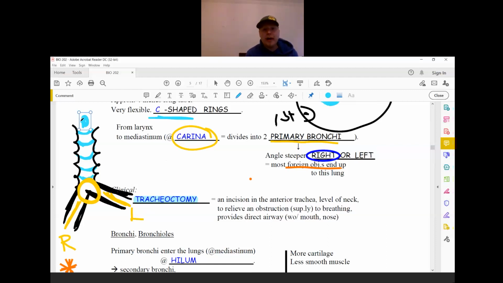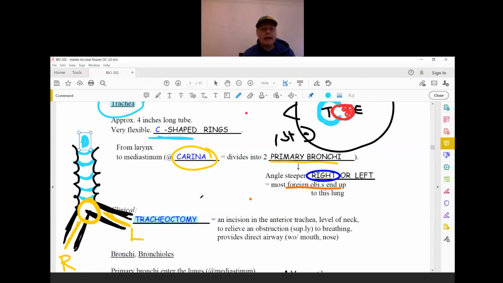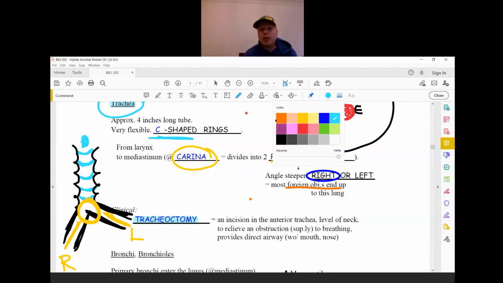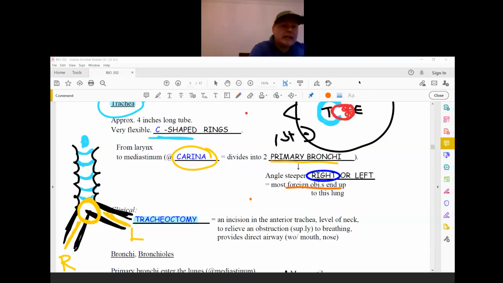This would require some issue that has compromised the airflow from the areas more superior within the respiratory tract.